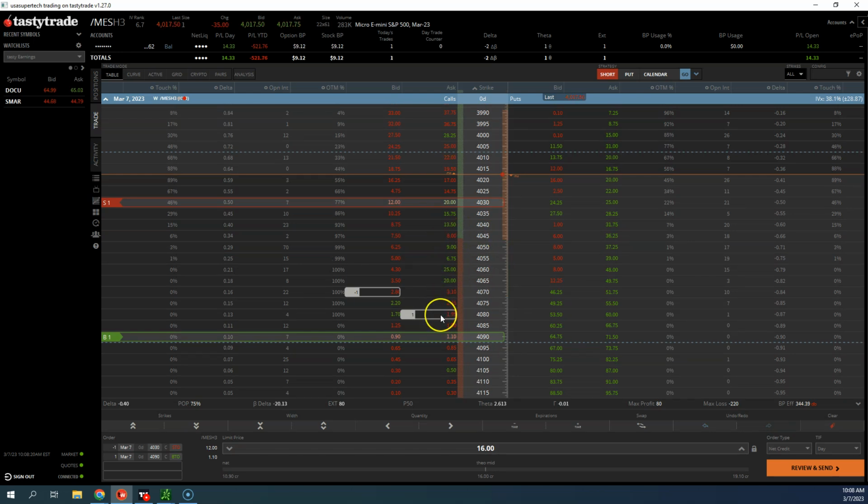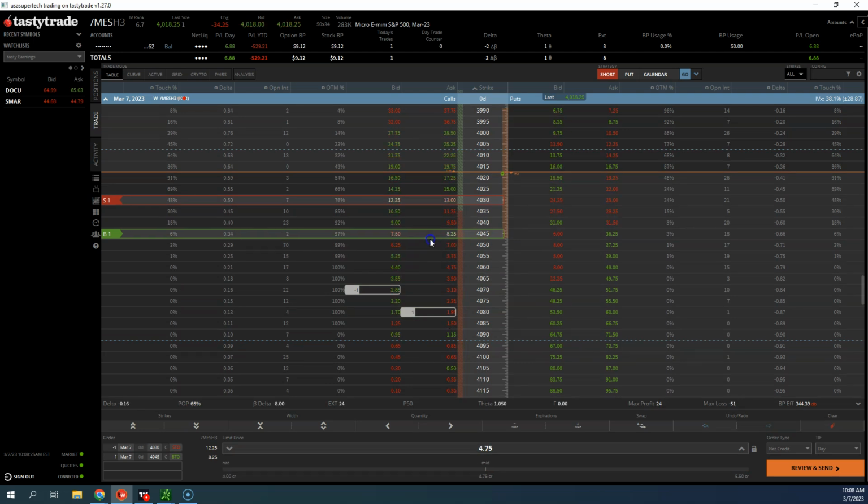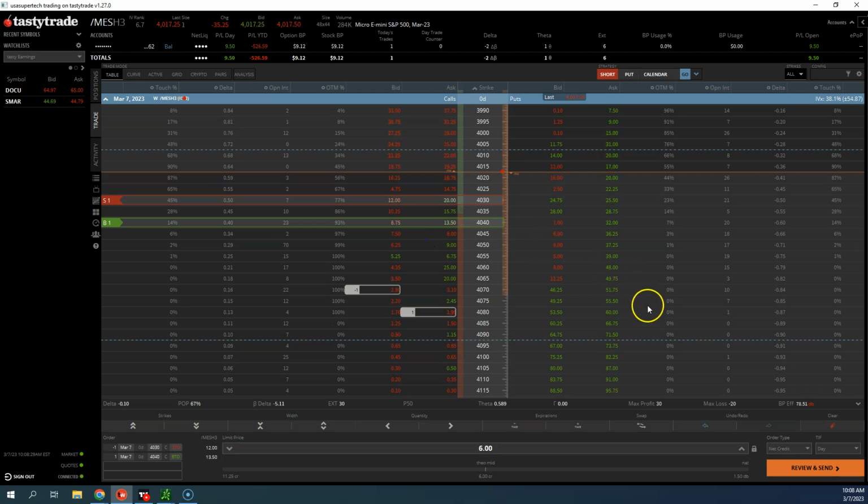All right, so if we do that, and then we move this 40.90 up, let's say 2 strikes wide, you see here you've got a buying power effect of 78 bucks, maximum loss of 40 bucks, and maximum loss of 34 bucks it says.